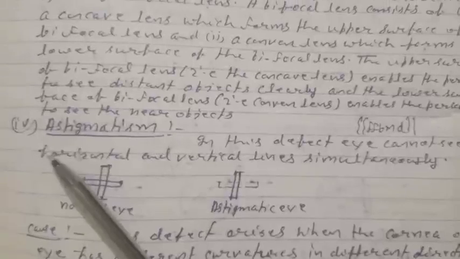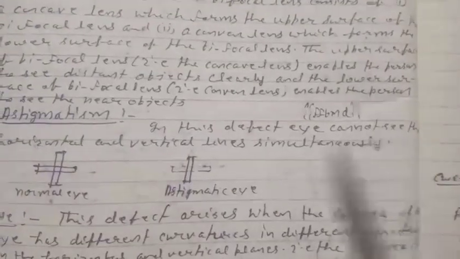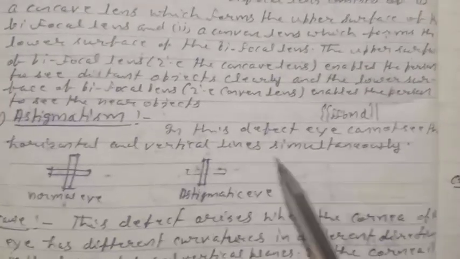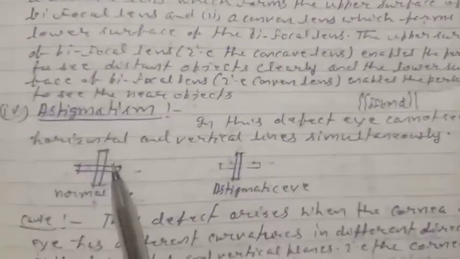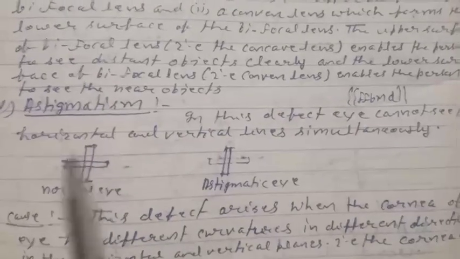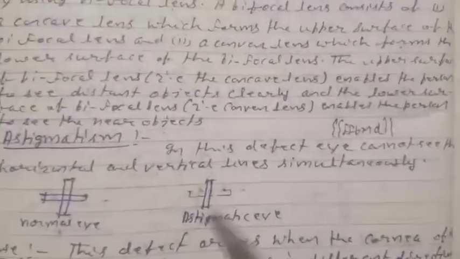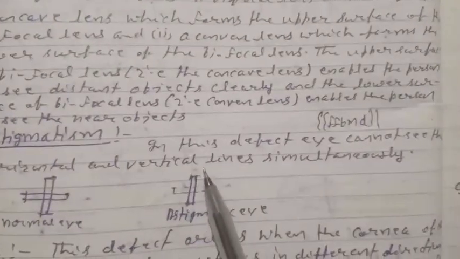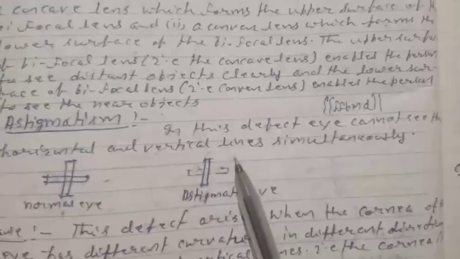Now, astigmatism. In this defect, one cannot see horizontal and vertical lines simultaneously. Normally I can see vertical and horizontal lines clearly, but with astigmatism, I cannot see the vertical line or horizontal line clearly.